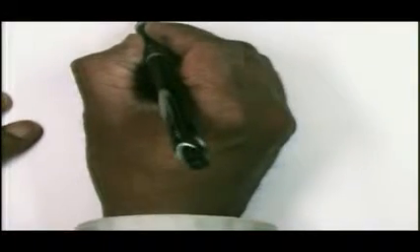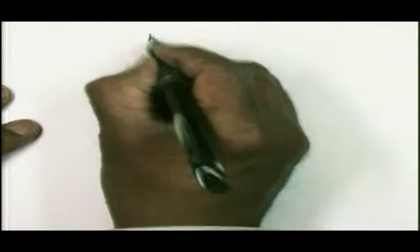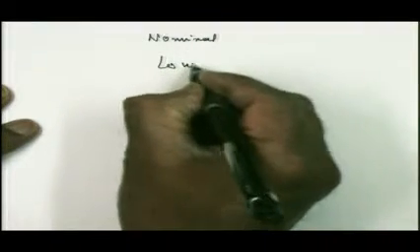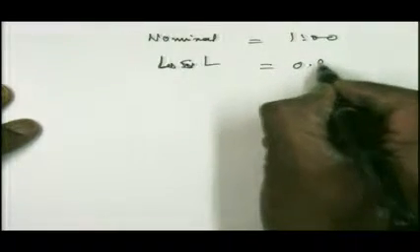So we usually have process specification, upper specification limit, nominal, lower specification limit, LSL, and let's say nominal is 1 inch, 1.01, 0.99.